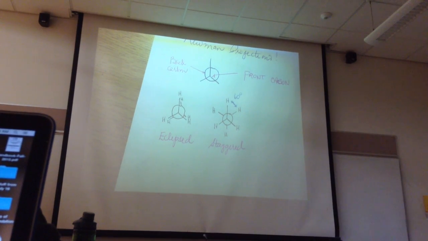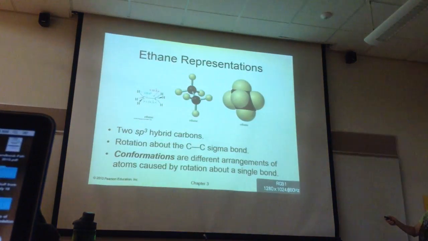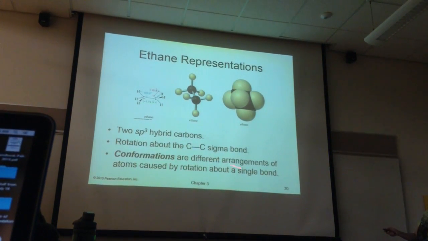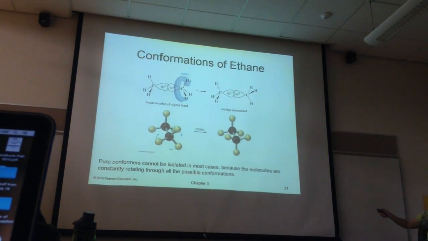Let's take a look at the PowerPoint and see how your book represents this and see if this is helping. So first of all, we already explained what conformations were. Because this is a single bond, and single bonds can rotate, you can keep one the same and rotate the other, is what they're saying.